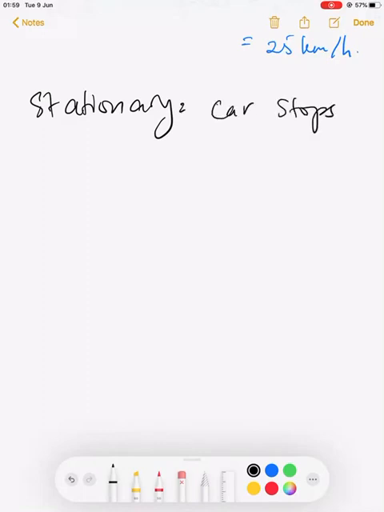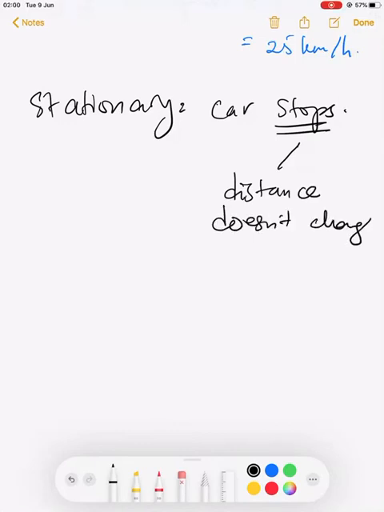Stops means the distance doesn't change. So for how many hours? For 1 hour, from 2 to 3 hour. So equal to 1 hour only.